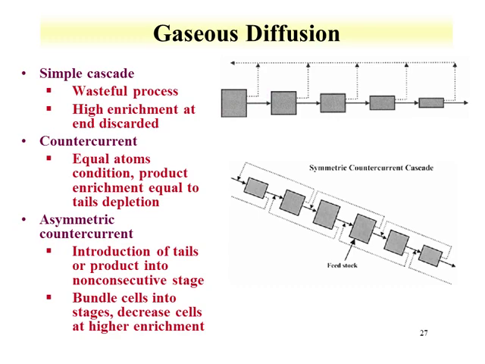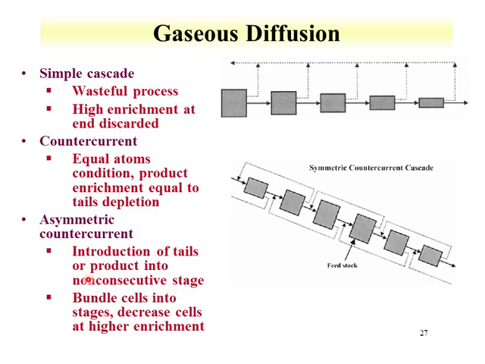Another route is countercurrent, both symmetric and asymmetric countercurrents, where product goes through and the resulting tails get refed into the system. So your feed is moved straight through, where the tails can be reintroduced.